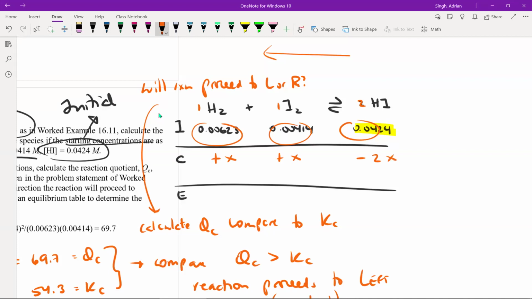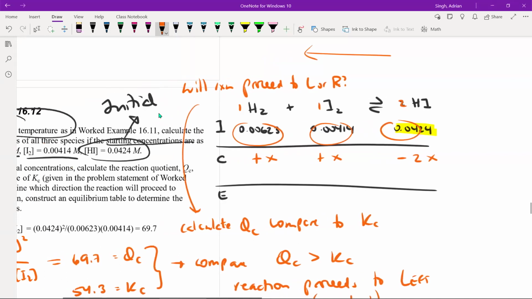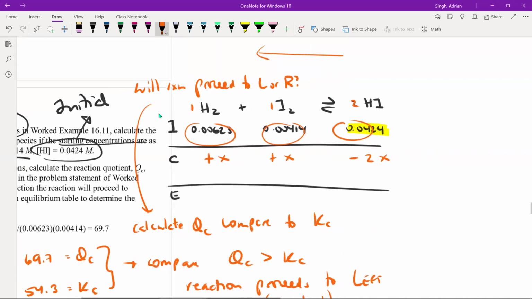Note here, just because something is on the reactant side doesn't necessarily mean we're going to be using it up. We have to determine in which direction the reaction is going to proceed in the first place by comparing the reaction quotient Qc to the equilibrium value Kc.